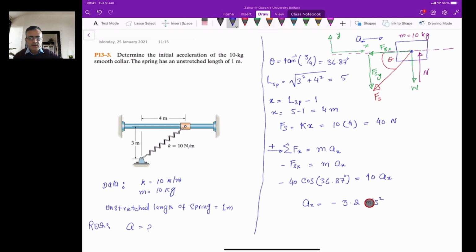The negative here is because we assumed that the acceleration is in the positive direction, but it is not in the positive direction; it's in the negative x direction.